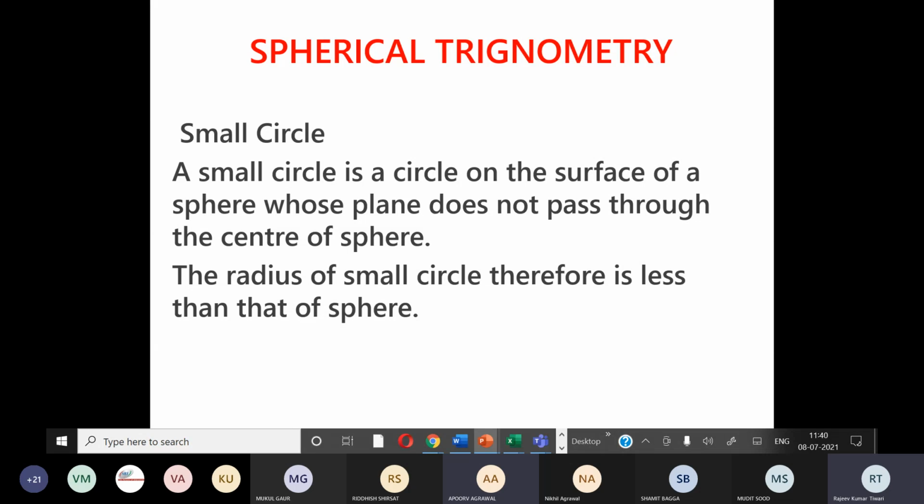But in the case of a small circle, the radius is smaller than the radius of the sphere because it does not pass through the center of the sphere. Radius of a small circle is therefore less than that of the sphere.